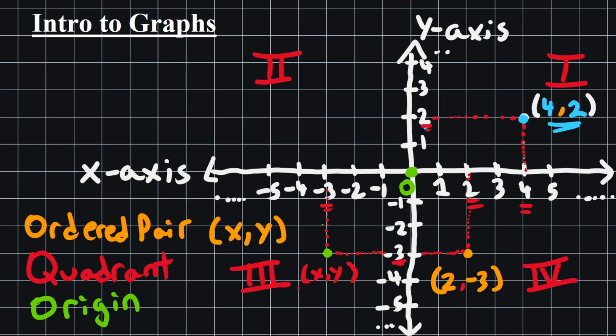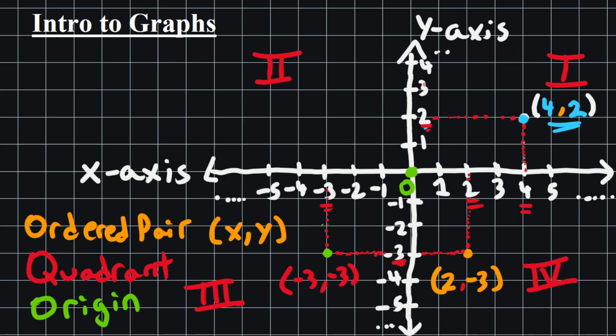It's this -3. So our x is -3. Let me make that a little bit bigger. So let's write down our ordered pair. Our x is -3, and what's our y? Following this dotted line, our y is also -3.